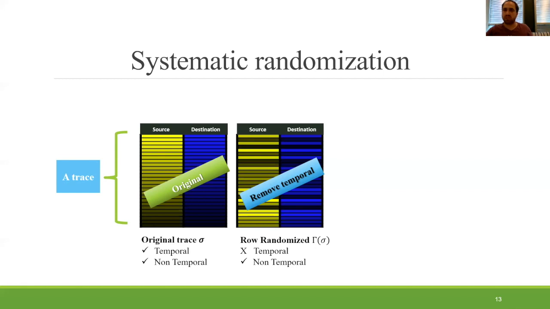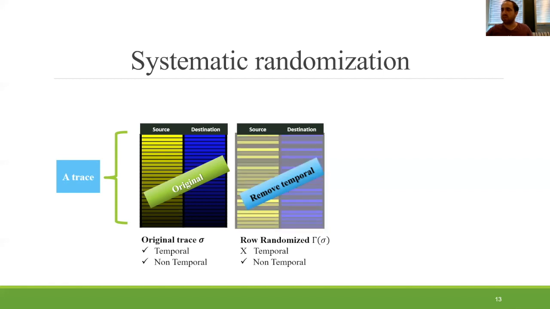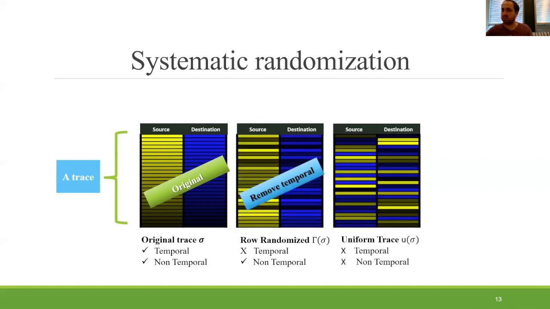For the next step, we take the same list of source and destination nodes. However, we uniformly sample them to create a uniform trace. This trace now has no temporal structure, as you can see there is no gradient, and neither does it have any non-temporal structure, which is represented by the fact that you have blue and yellow rectangles anywhere in the trace.